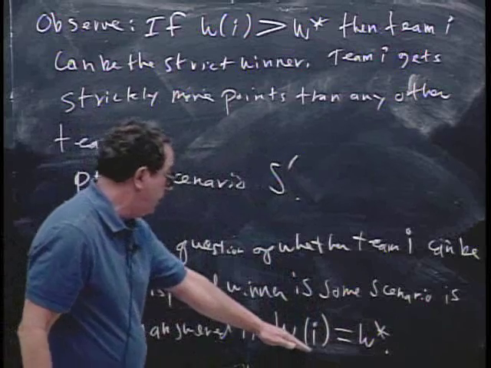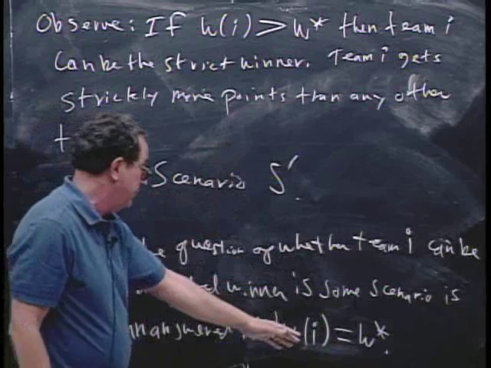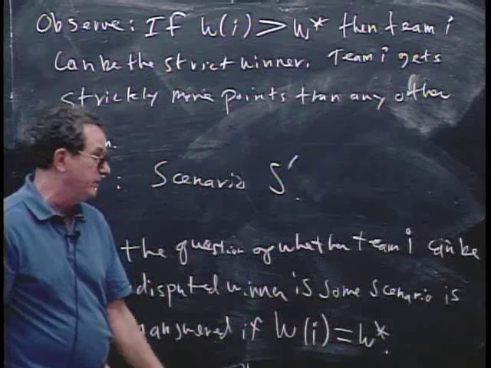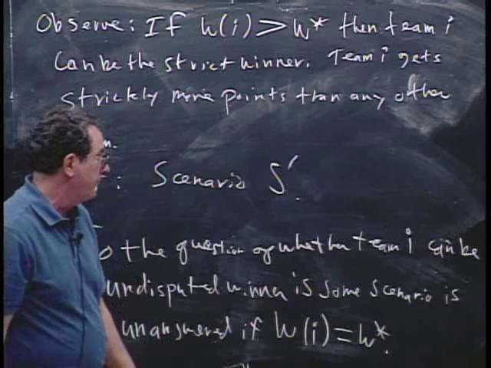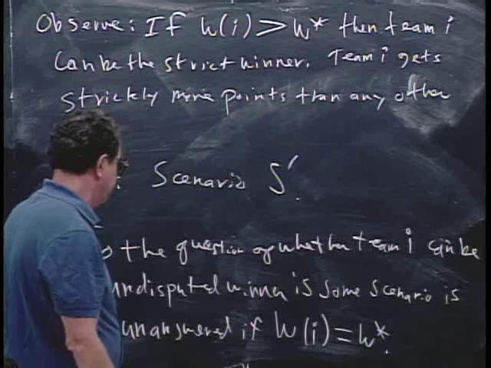Because if Wi is strictly bigger than W star, then the answer was yes. If Wi is less than W star, the answer is no. It can't even tie to be the winner. It can't even tie for the most number of points.